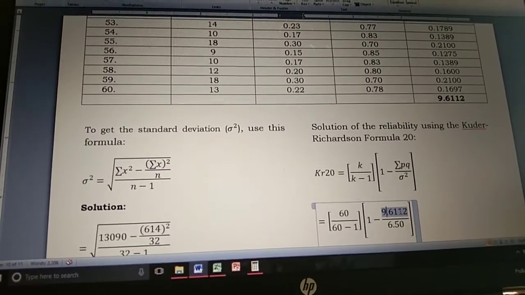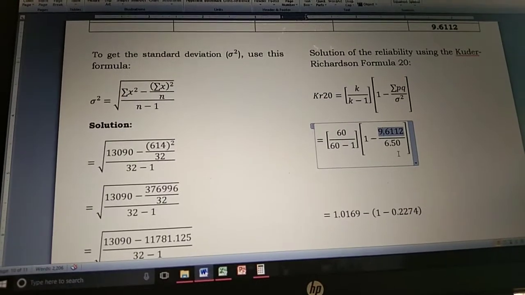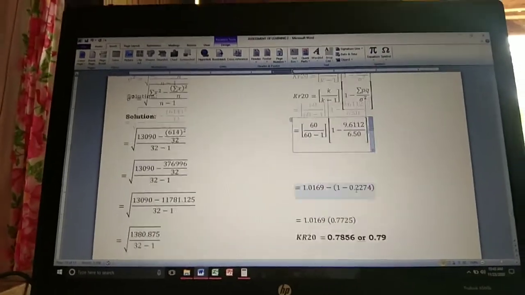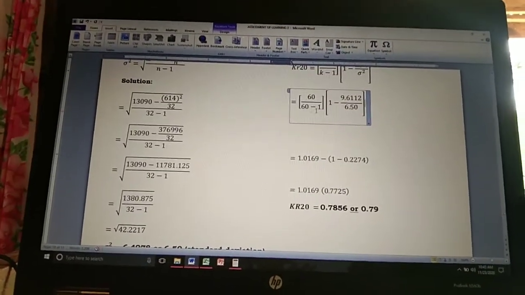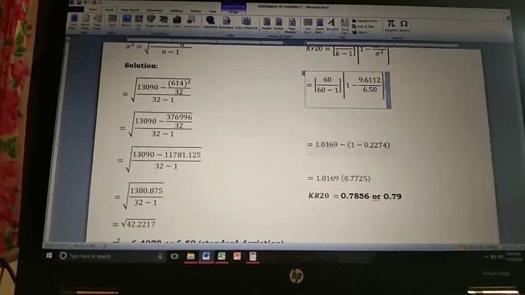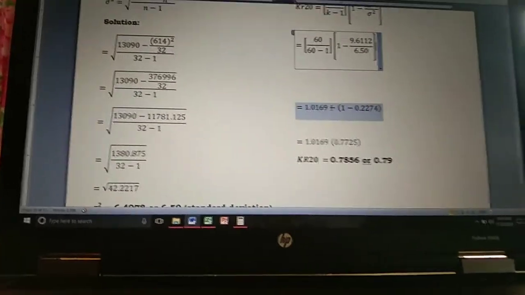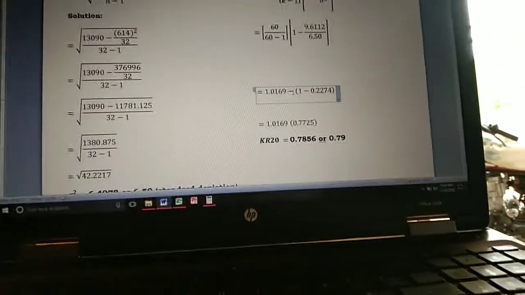Okay, that is a summation PQ. Okay, 60 minus 1. So we have 1.0169 here.